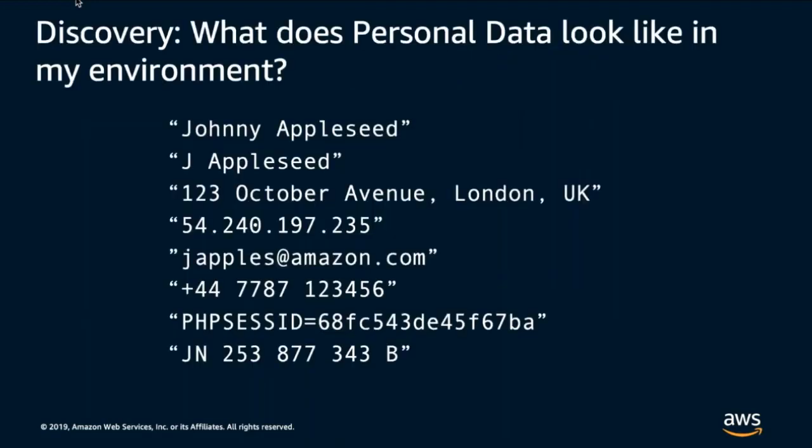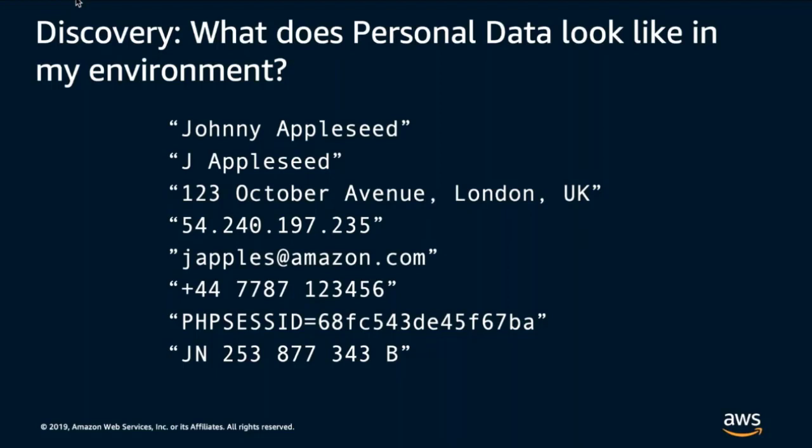So for the discovery phase, you have to understand, what does personal data look like? Personal data may take many forms, and what is considered personal data depends on a few things. It depends on the regulations which you are under, if that's GDPR, or if it is PDPA, for example, if you're in Singapore, or whichever jurisdiction you're in.